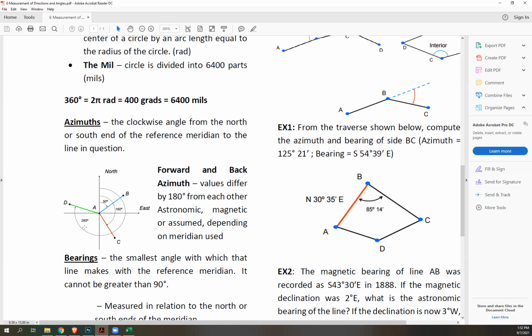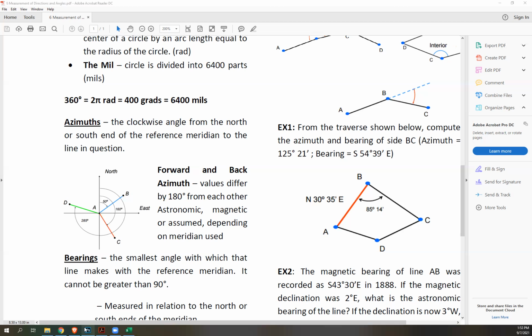Back azimuth is just 180 minus the angle in question. So as you can see, they always differ by 180. For example, the back azimuth of line B is 130 degrees. To illustrate the back azimuth, you just extend this line to the back and then, going from the north, measure that angle.